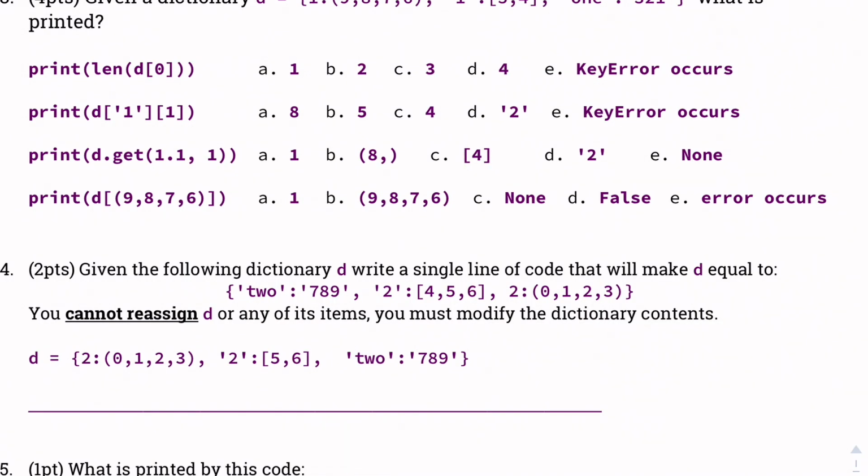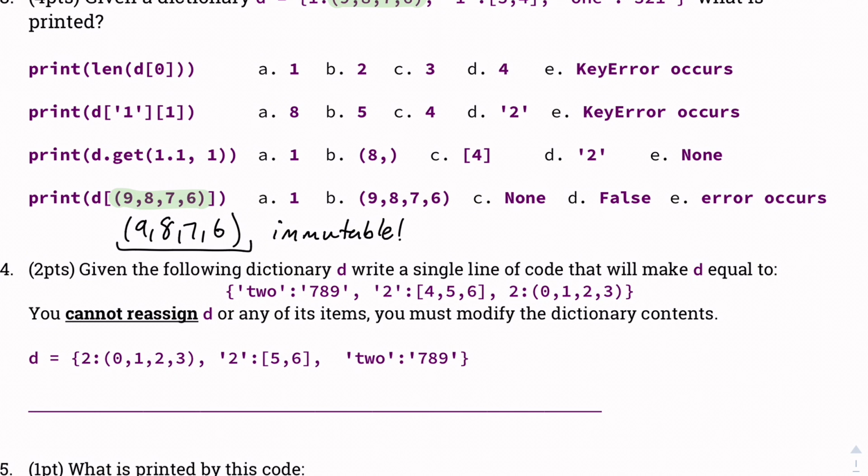For this last one, we are asked to look up this key in the dictionary D. We'll see that yes, 9876, the tuple, appears as a value corresponding to the key with the integer 1. However, we are going to see that an error occurs here. The error itself is not because it's bad to look up exactly the tuple 9876. Remember that tuples are immutable. Keys in a dictionary must also be immutable.